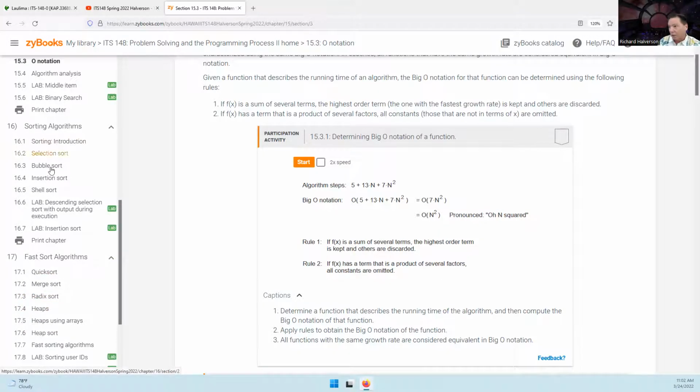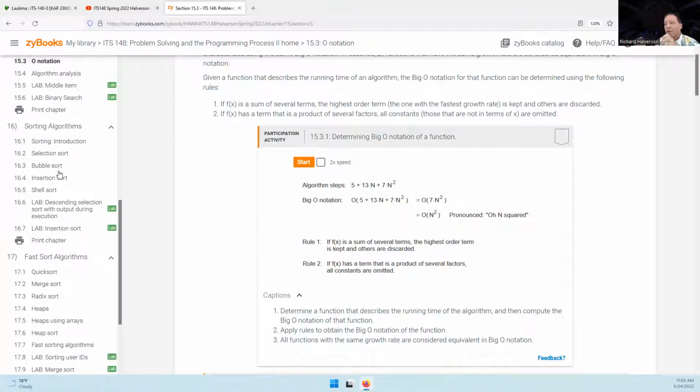The sorting algorithms, when we get there, these are all O of n squared. n to the 2 power, n times n, is bigger than n times the log of n.